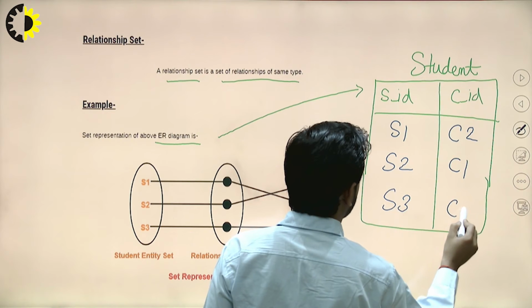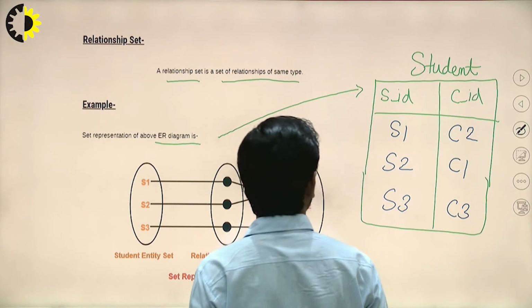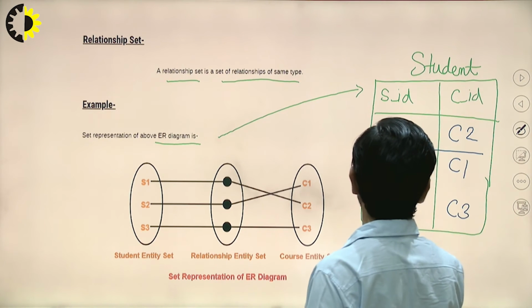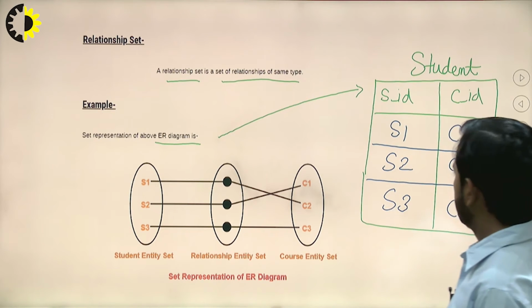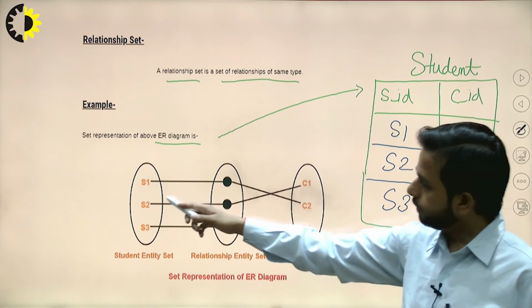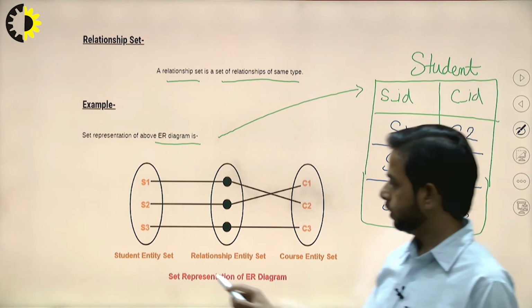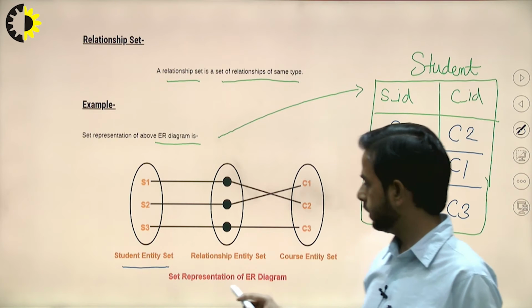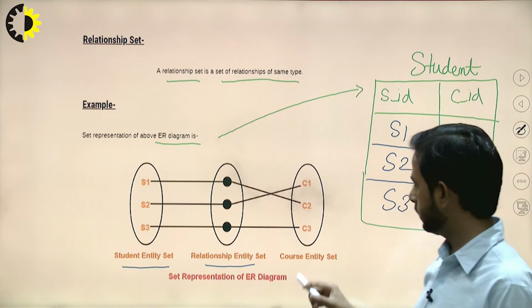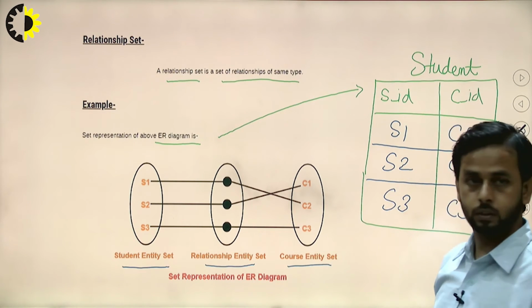Now in this, every student is related with some course. So this is the student entity set, this is the relationship set, and this is the course entity set.